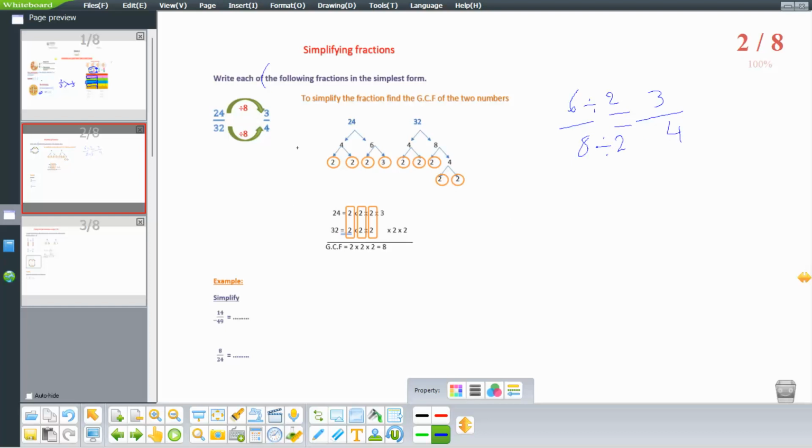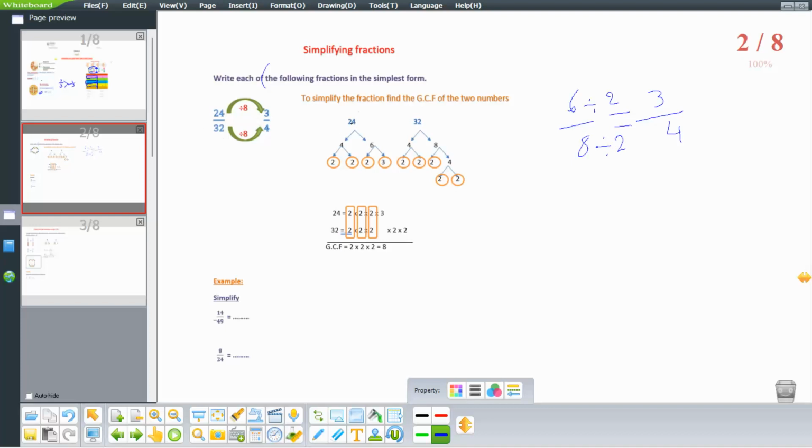Okay, another way of thinking, we can find the GCF. To simplify a fraction, we must find the GCF of the numerator and the denominator, like here 24 and 32.